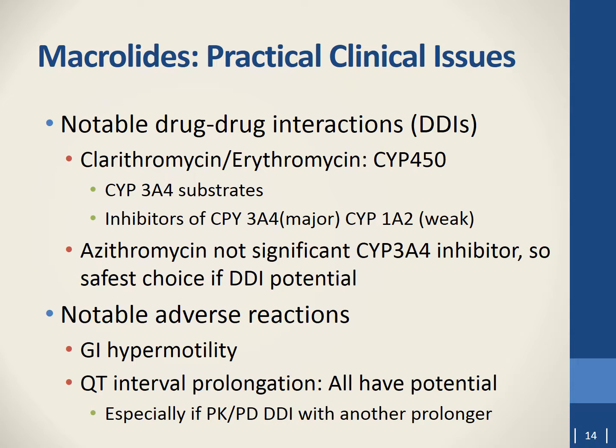So again, you really have to decide that there are no other options that are less likely to prolong the QT. And then once you do that, it's establishing a monitoring plan for the patient, making sure that their potassium and magnesium levels are stable so that we don't have electrolyte issues also potentially prolonging the QT interval.